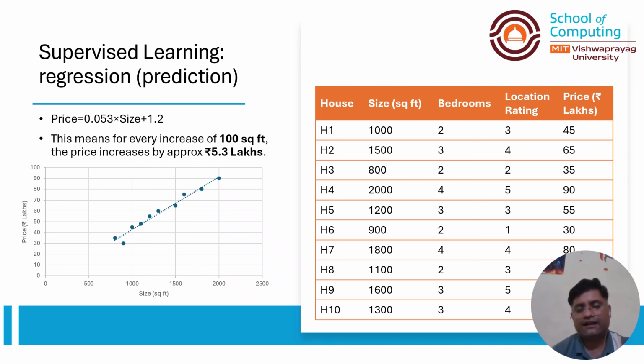Based upon that, I can forecast the price of a new flat based upon the input features. This type of problem is called regression or prediction. In this problem also, the expected output, that is the prices of flats, is already given. So this is also an example of supervised learning.